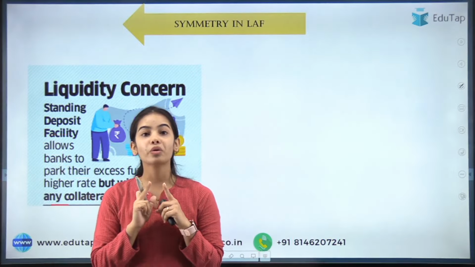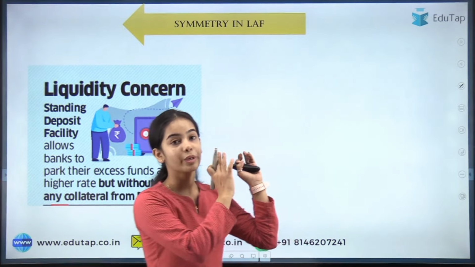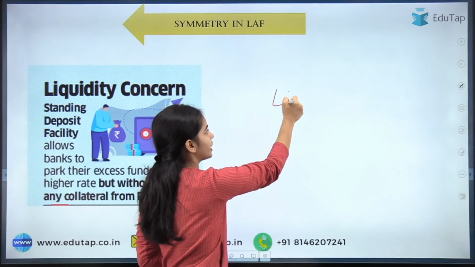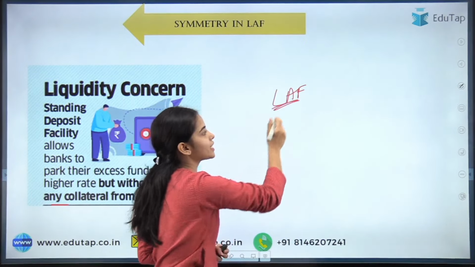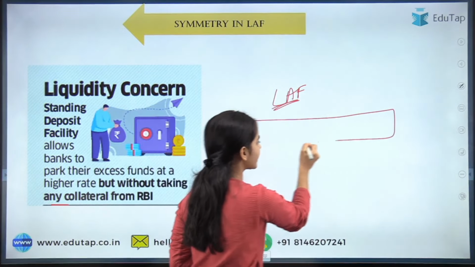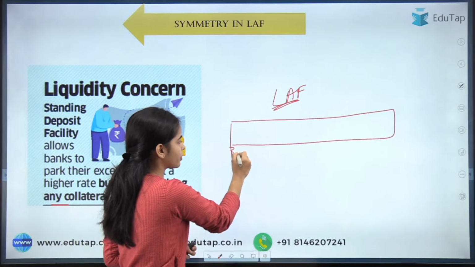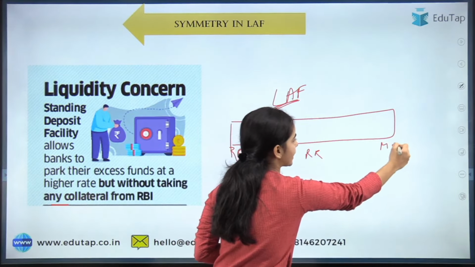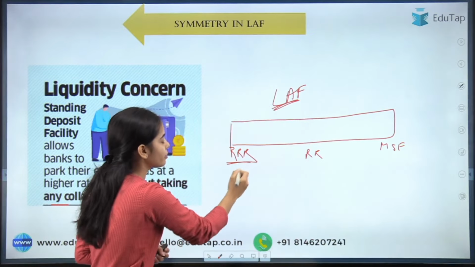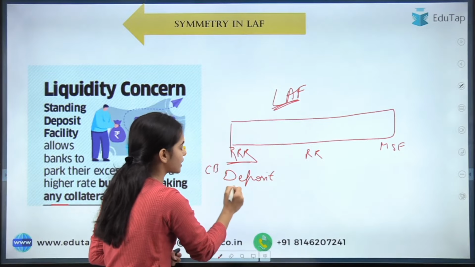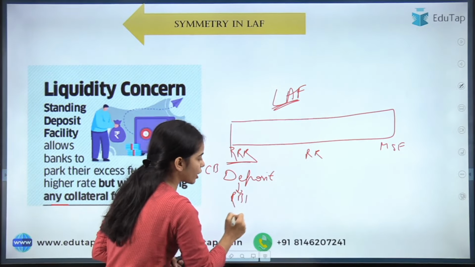Now there was one more reason to bring in the SDF: to bring symmetry in the LAF corridor. See, the LAF, that is the liquidity adjustment facility corridor, has three rates: the reverse repo rate, the repo rate and the marginal standing facility. Reverse repo rate means the commercial banks are depositing their money with the Reserve Bank of India.